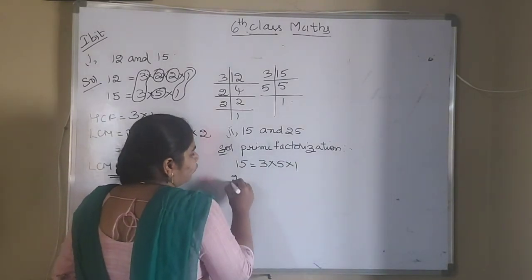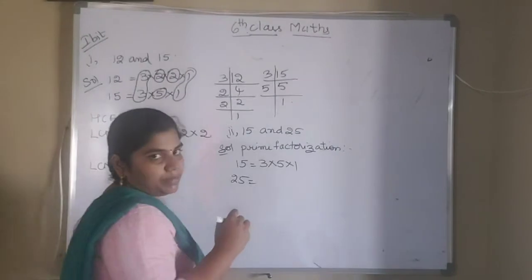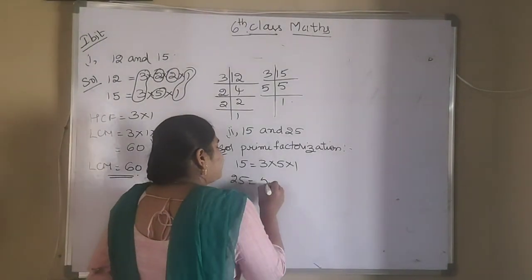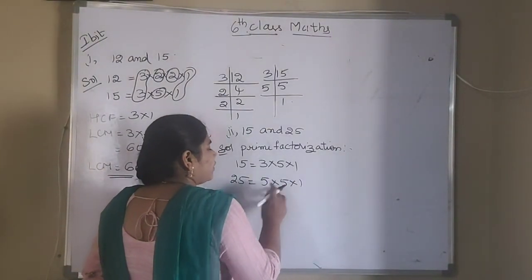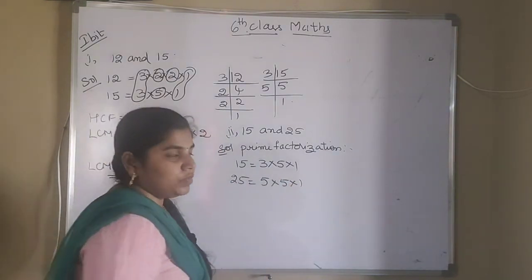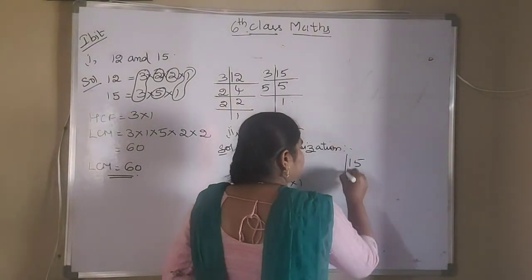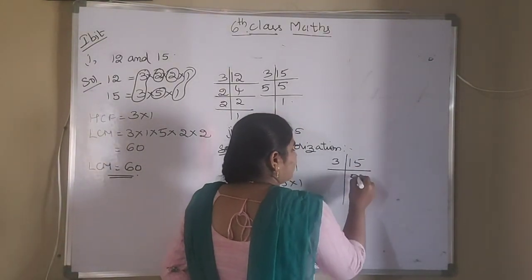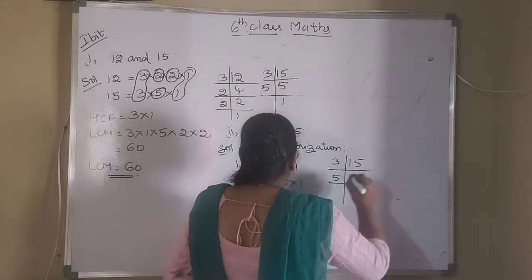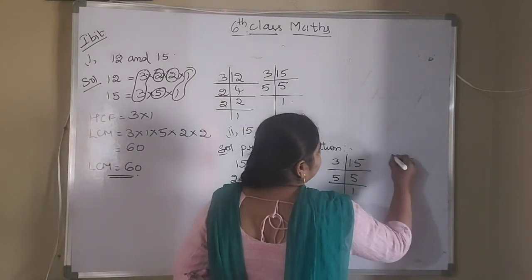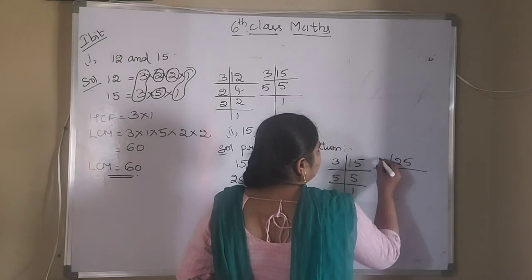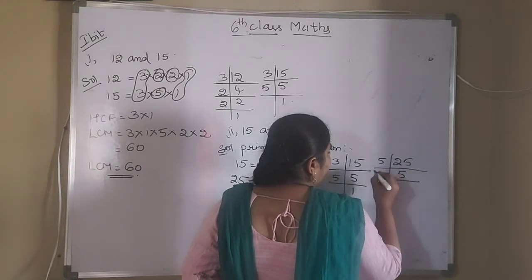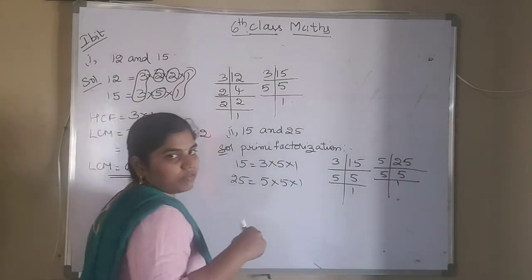In the same way 25 will go in the 5 table. 5 is a prime number, so 5 into 5 into 1. 5 5's are 25, 25 1's are 25. So how did I do it? 3 5's are 15, 5 1's are 5. In the same way 25: 5 5's are 25, 5 is a prime number, 5 1's are 5. Okay.